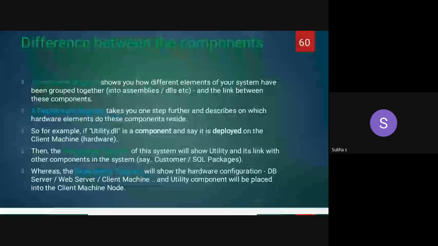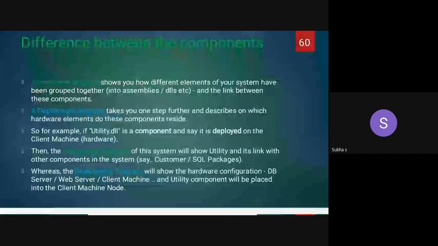For example, in the electronics device lab, with the help of a kit we are doing practicals. That is the deployment. You connect the kit, we are doing some manufacturing, we are taking readings. That is the deployment diagram, with the help of device connectivity.